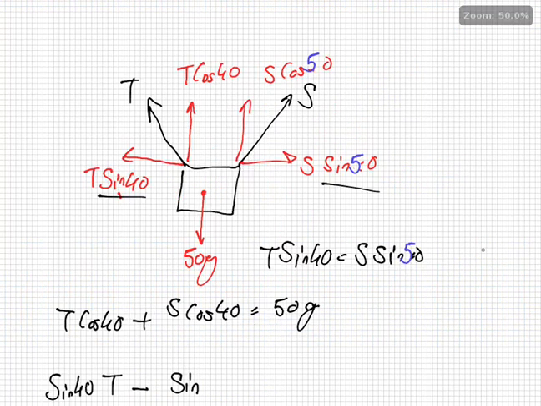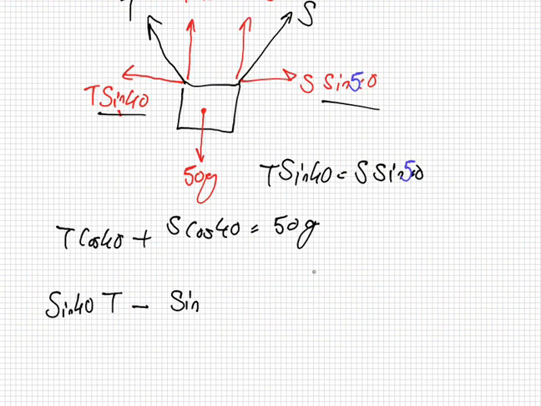Yeah, I need to change this. It should be a 50. Alright, and then sine 40 T minus sine 50 S equals 0.